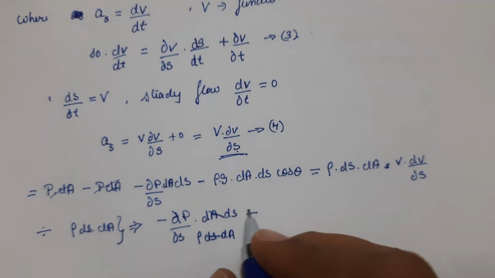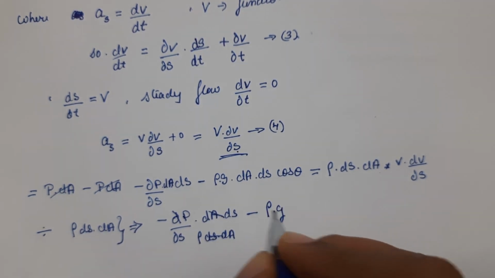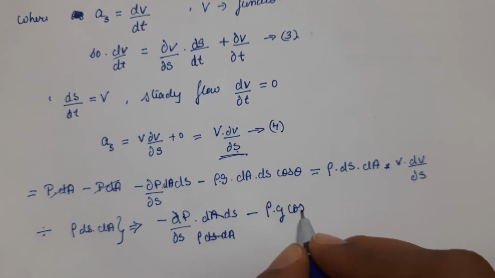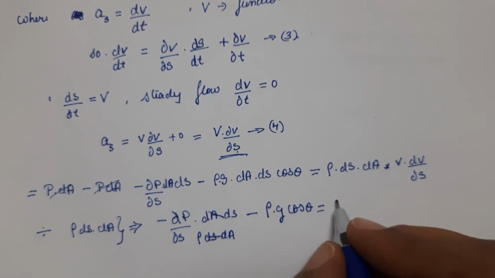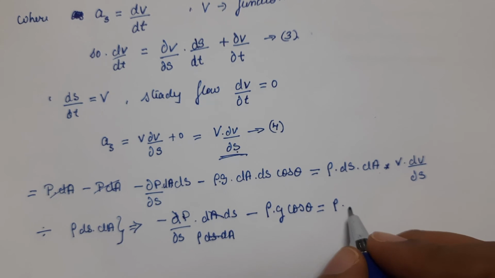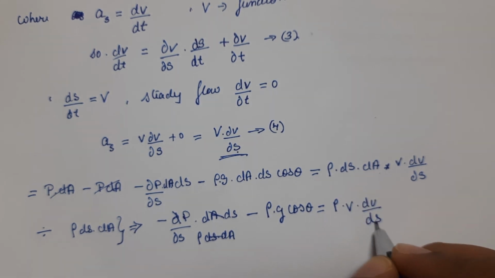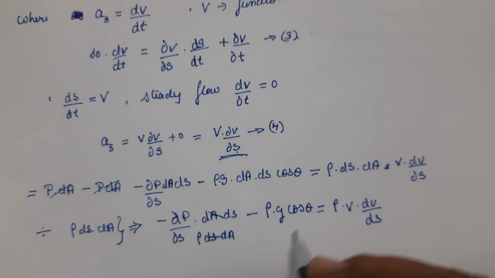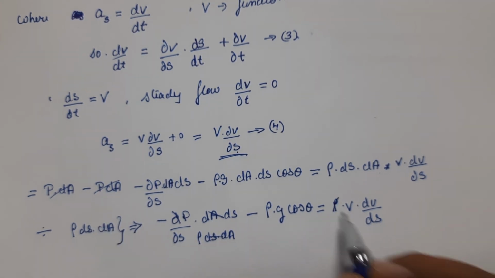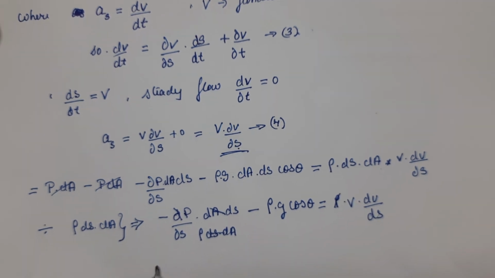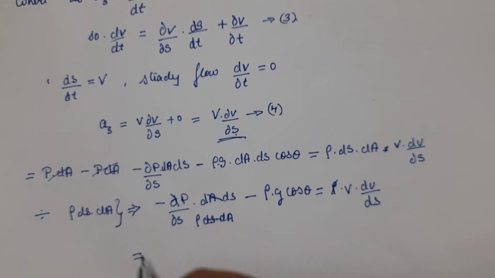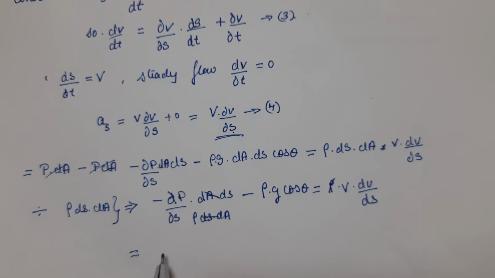Similarly, rho g dA ds cos theta cancels out, and it is equal to v dv by ds. Even rho cancels out.